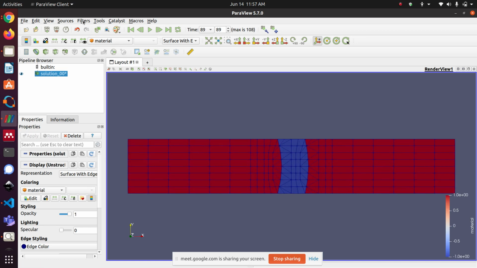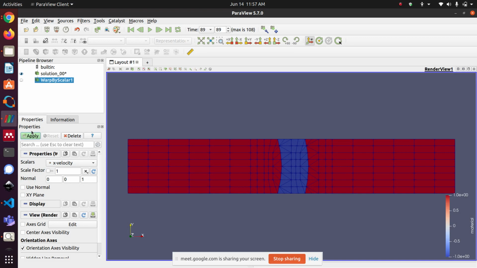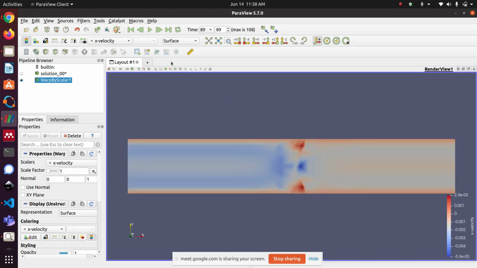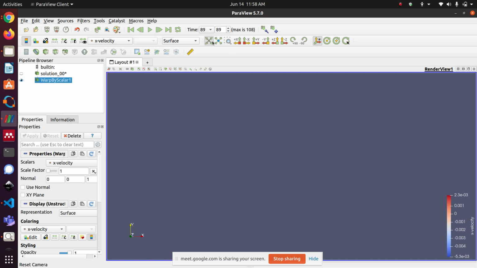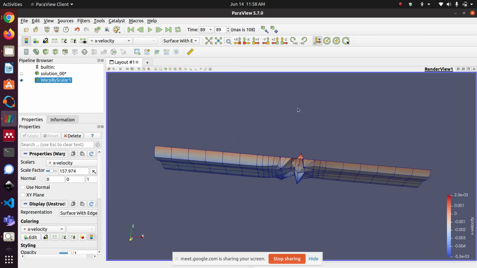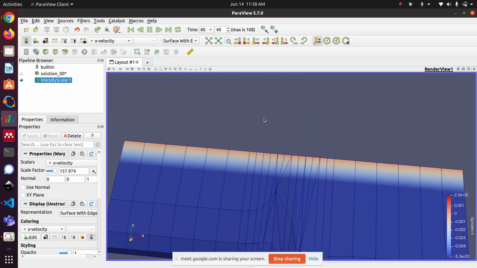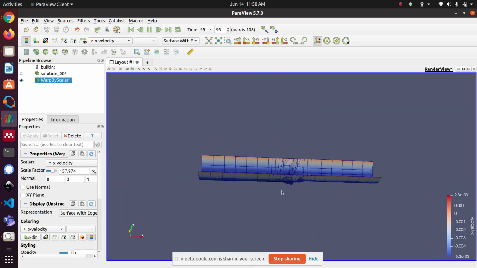For example, let's say I need to see the velocities. I can see how velocity varies as time changes.